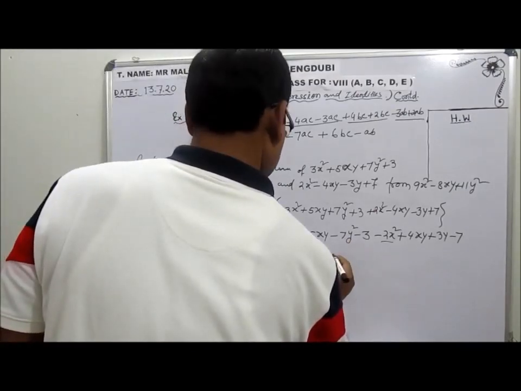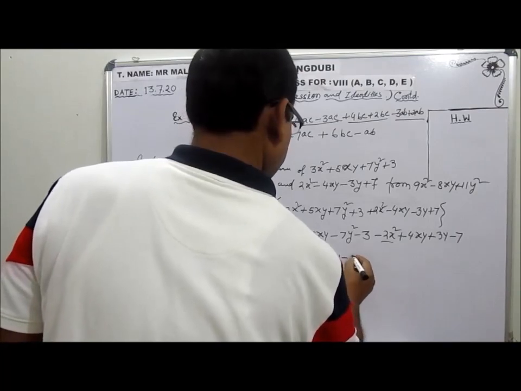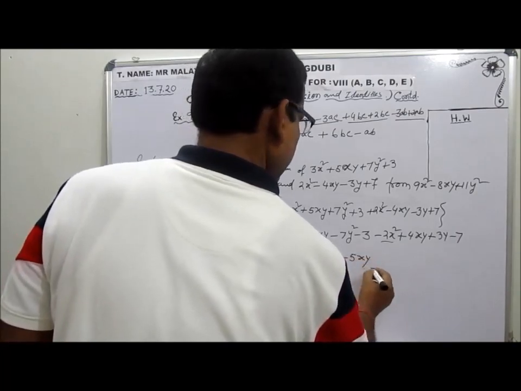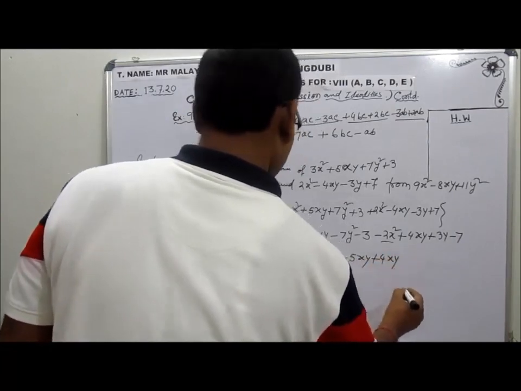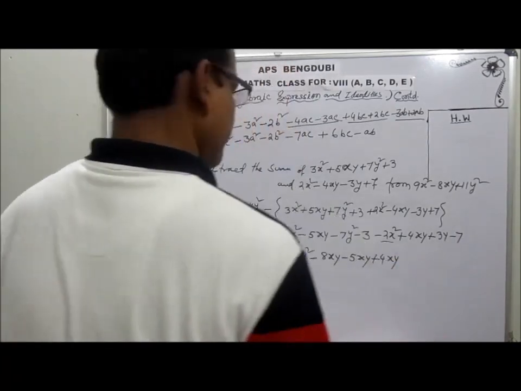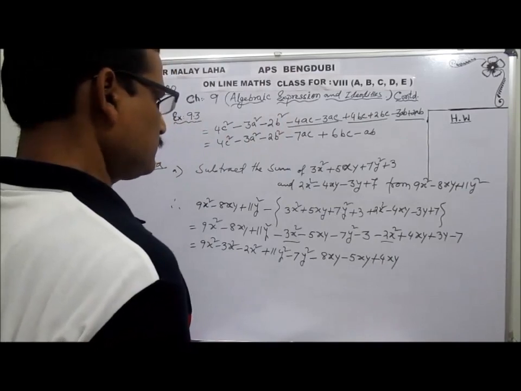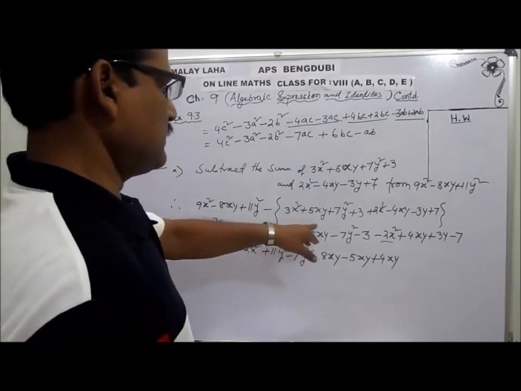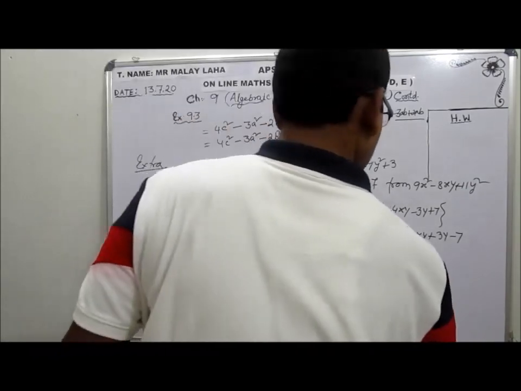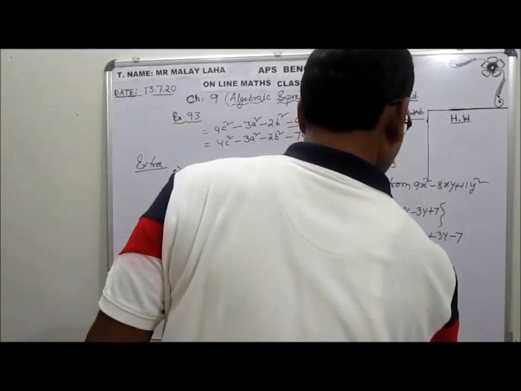Minus 8xy minus 5xy plus 4xy. And 3y is alone, nothing else is there, plus 3y.